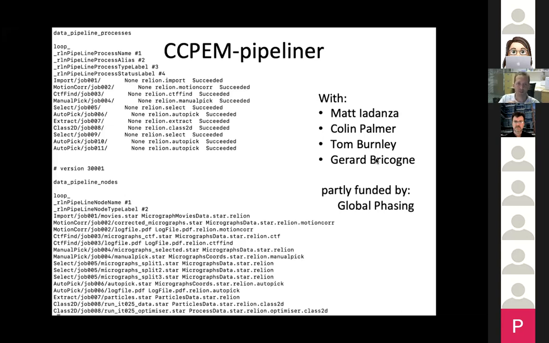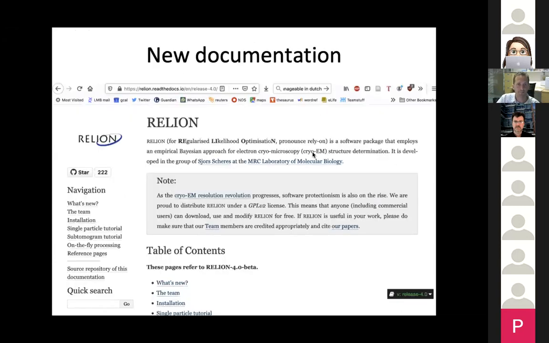And hopefully that will help to combine running jobs from RELION, perhaps with jobs from CCP4 or jobs from EMAN or whatever we could convince to invest a bit of time to implement these things in the CCPEM-pipeliner. So we're excited about that. Under the hood in RELION, things are ready for this, and it's now at the CCPEM team working hard to make this into something that will actually become reality.